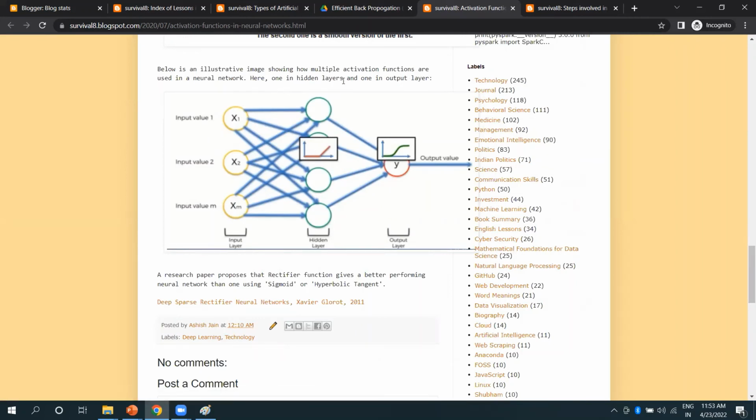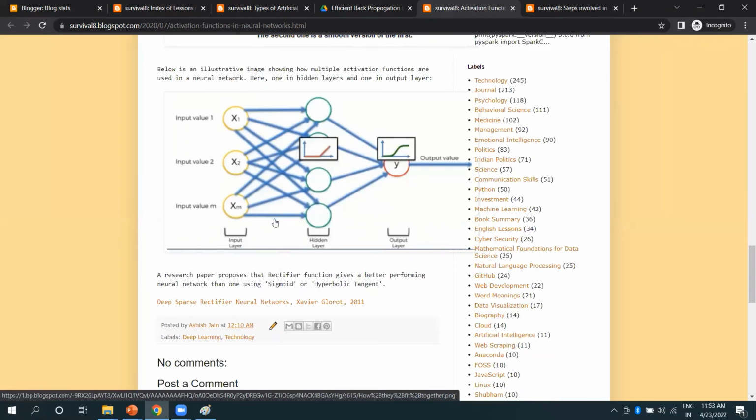Here one is the hidden layer and one is the output layer. All of the X is being passed to all of these units in the hidden layer. In the hidden layer, people prefer to use ReLU.